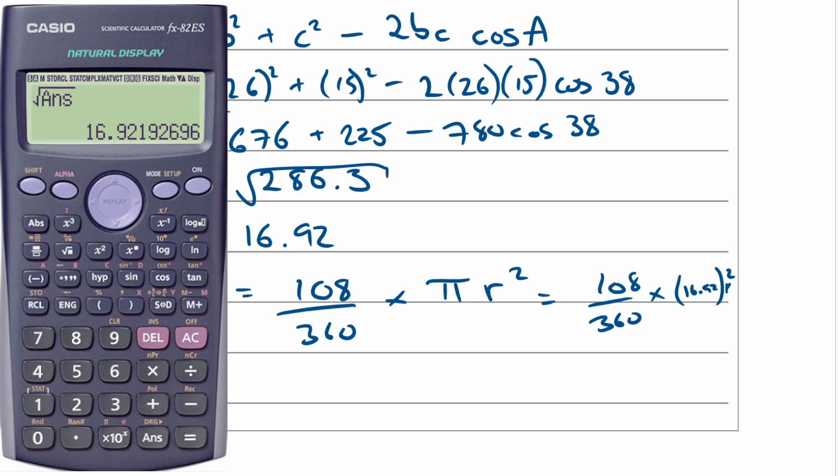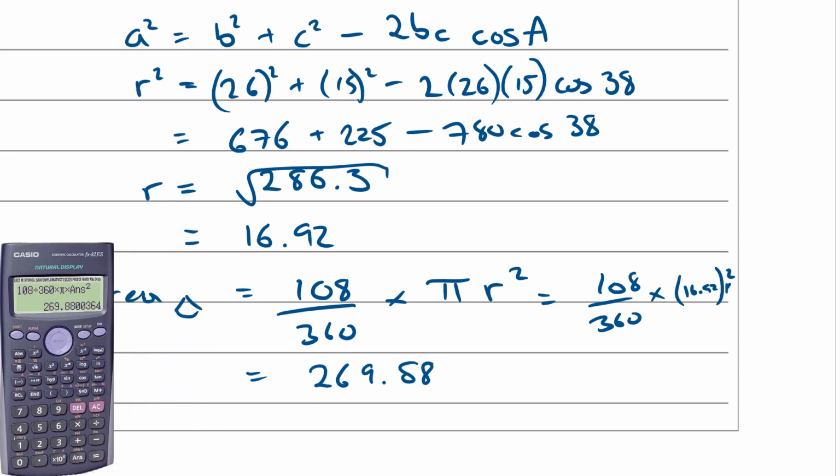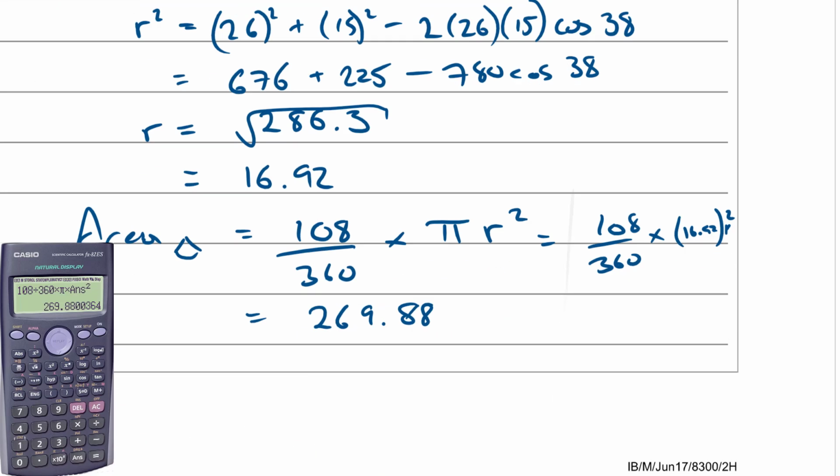Let's type that into the calculator. 108 divided by 360 times pi times our last calculated answer squared. So I make that 269.88. Where do I have to write the answer?